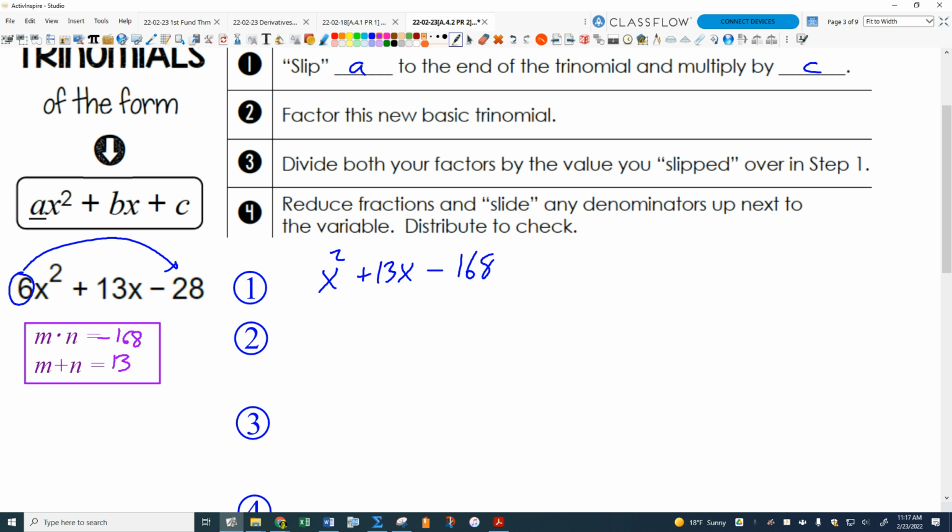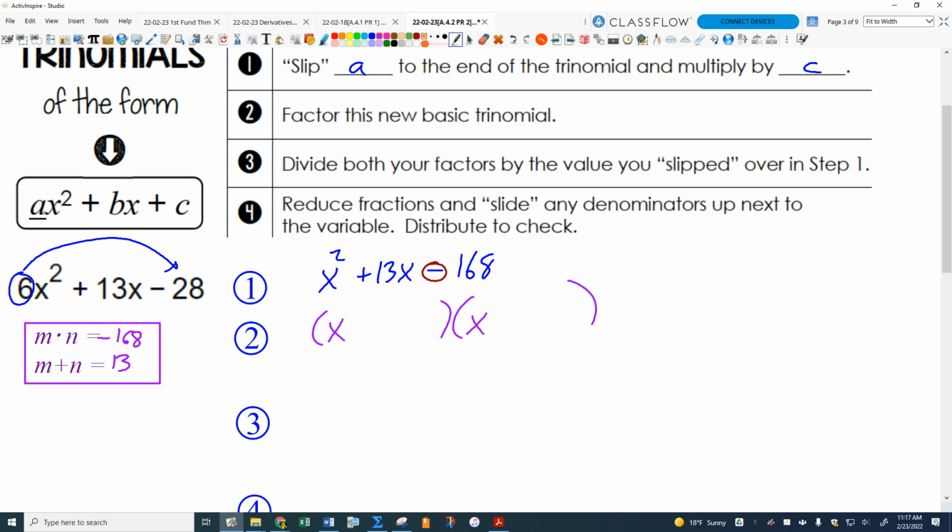Now, here's a trick. This trick works whenever that's negative, right? So when I factor this thing, I know I'm going to end up with x and x, and because that's negative, the two numbers multiply to a negative and add to a positive. What can you tell me about the signs? One's positive and one's negative.